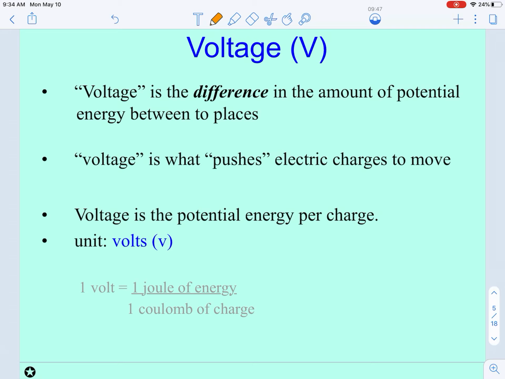All right, so now we're going to talk about voltage. Voltage is a word that has a couple of different ways that we could define or describe its meaning. Here it says that this is the difference in the amount of potential energy between two places. That's a typo. That's supposed to be TWO, between two places.